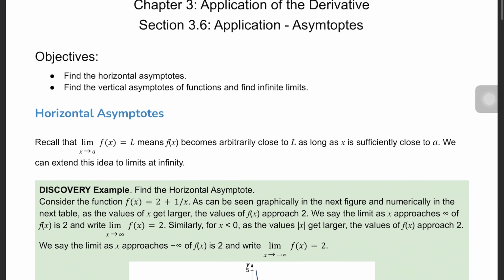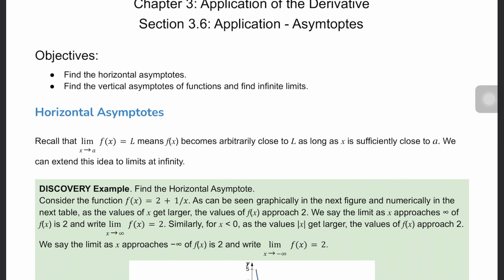This section is gonna help us understand more of the behavior of the function, in particular in some special circumstances where the function is approaching infinity, or whether we want to know the behavior of the function at the end of the function, also known as the end behavior.